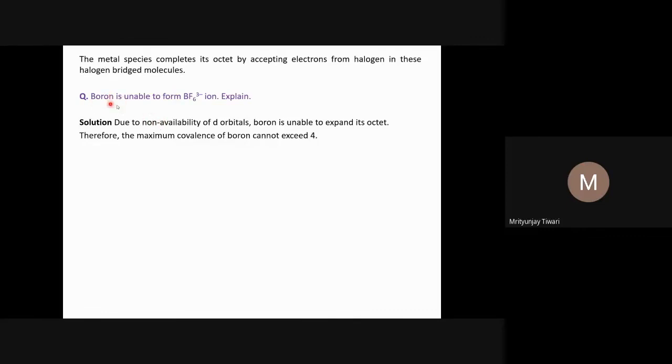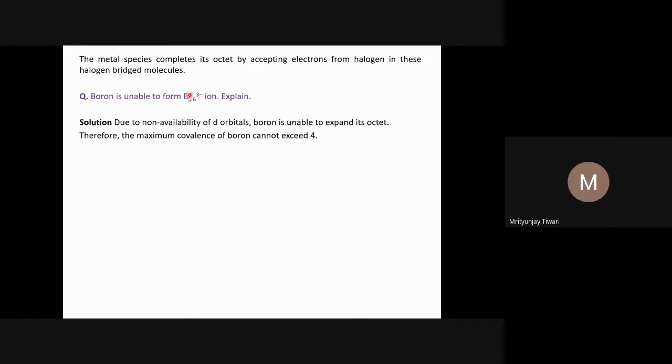Now this question is there: boron is unable to form the BF6 3- ion. Why? You have to explain. The reason is boron doesn't have empty d orbitals. If it doesn't have empty d orbitals, it cannot expand its octet. So the maximum number of electrons that can be in the boron valence shell is 8, with covalency 4.